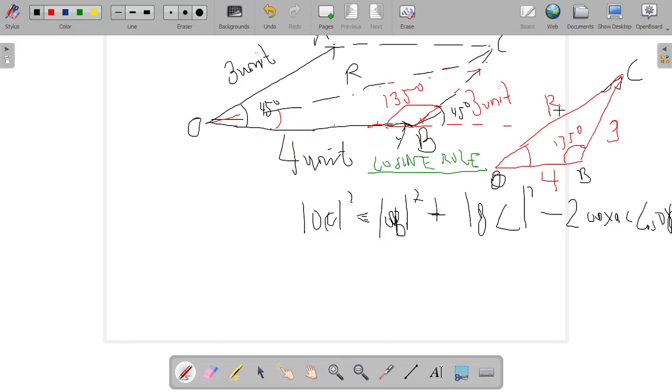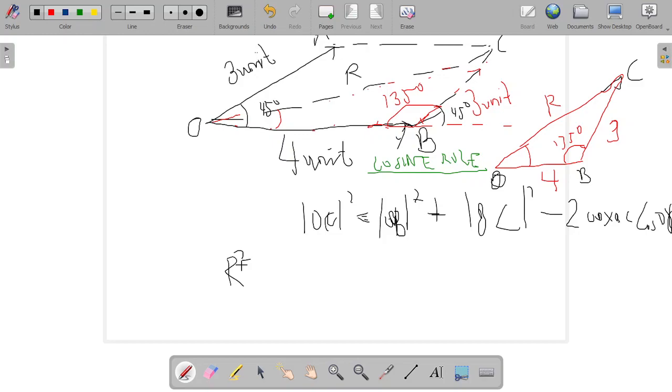R square is equal to OB square, which is 4 square, plus BC square, which is 3 square, minus 2 times 4 times 3 times cos OC, which is cos 135 degrees.